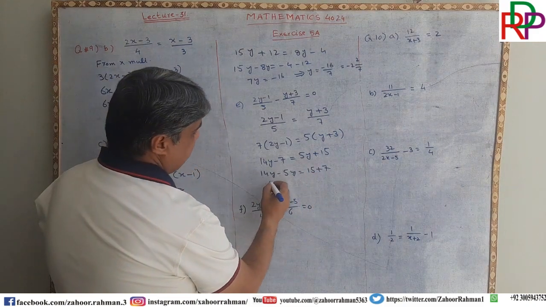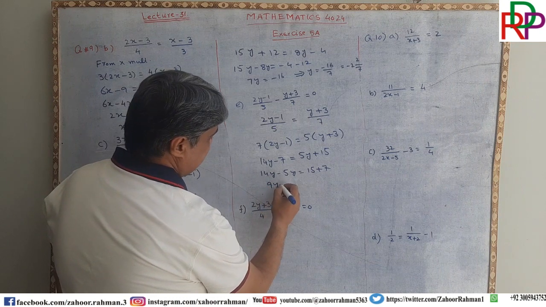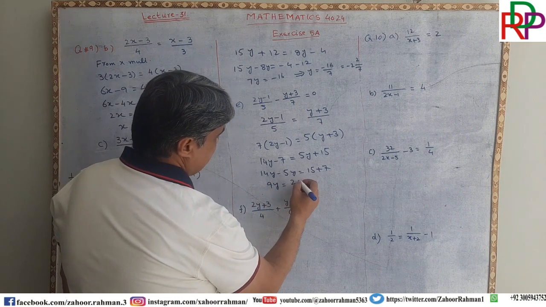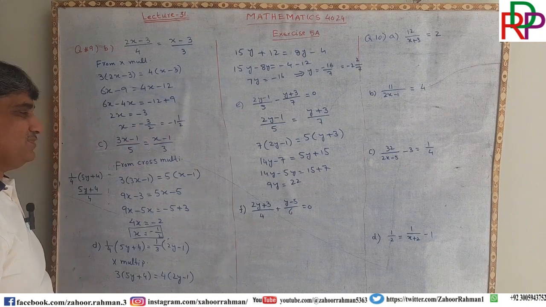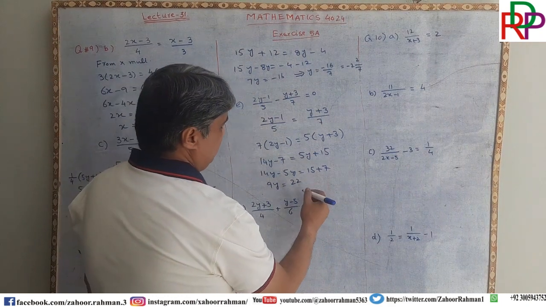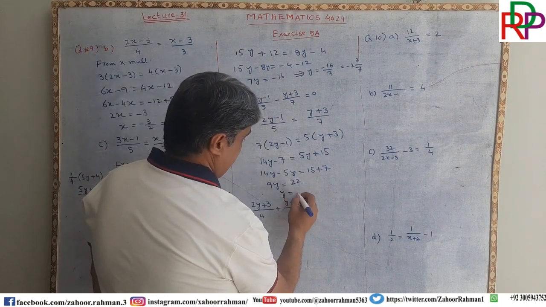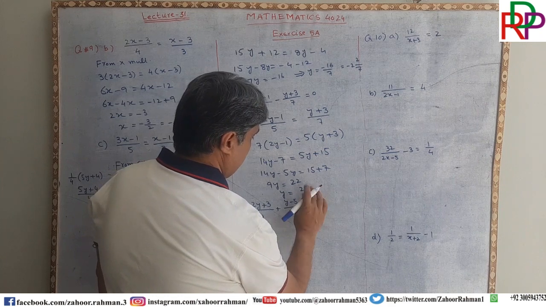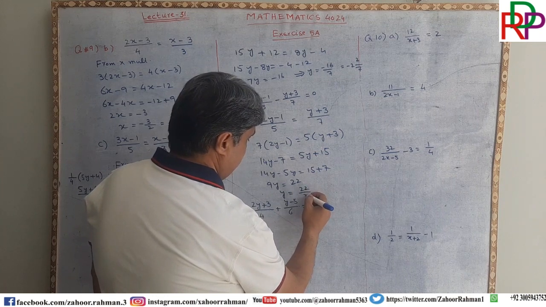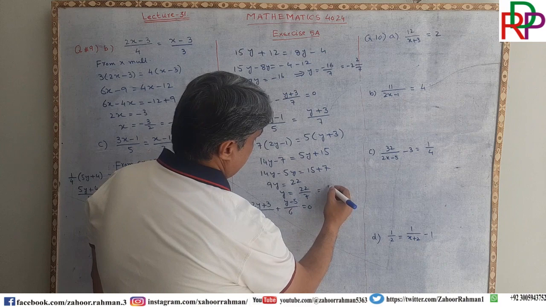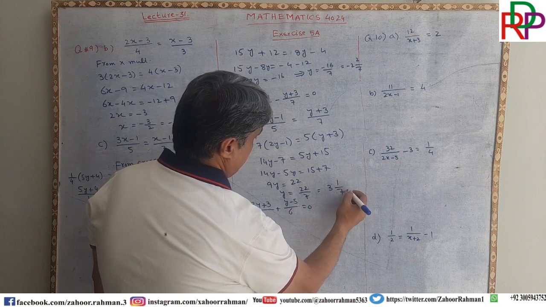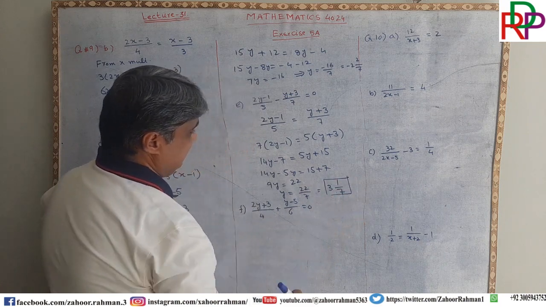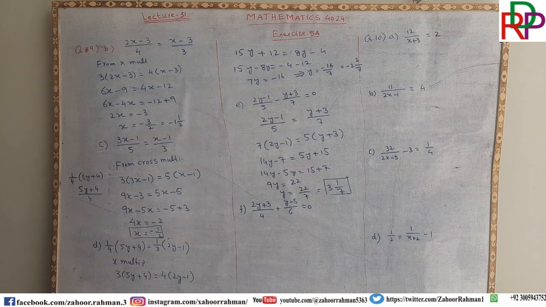So that will be 9y, and it will be 22. So y is equal to 22 divided by 7, which is equal to 3 whole 1 over 7, and that is the final answer.